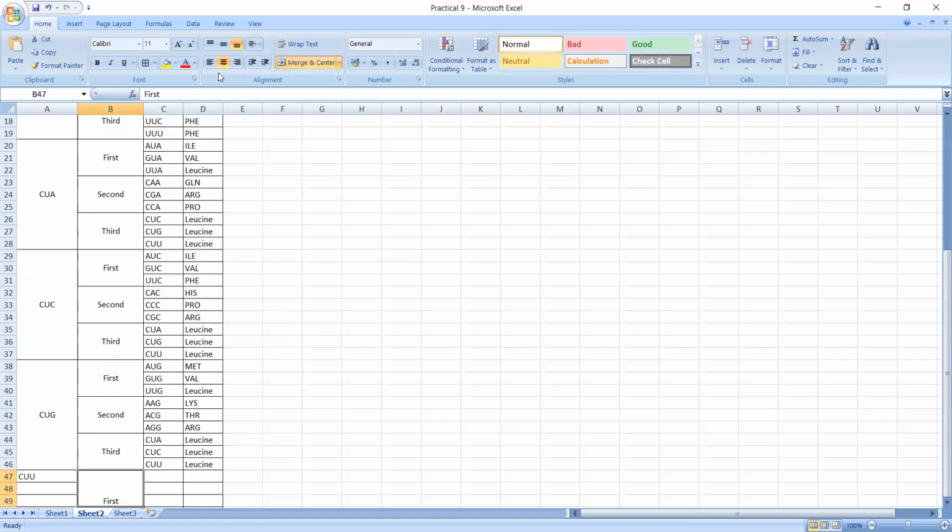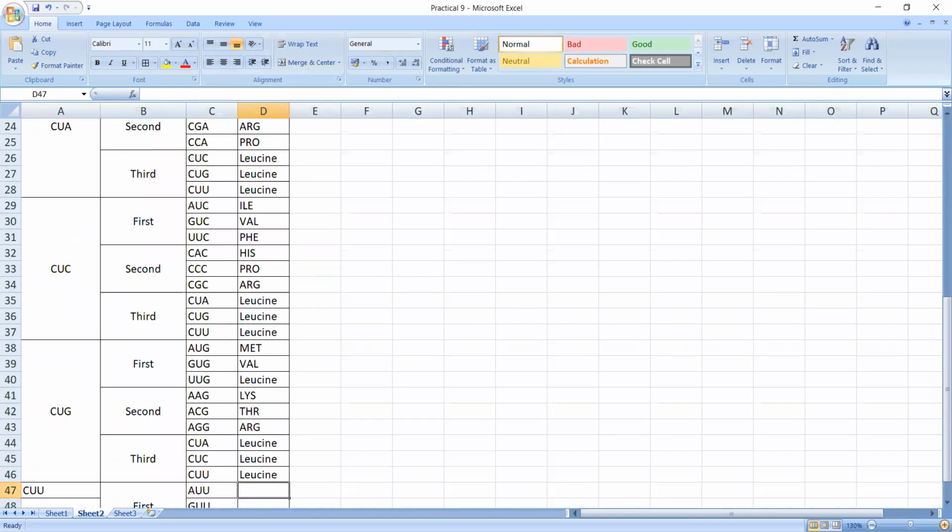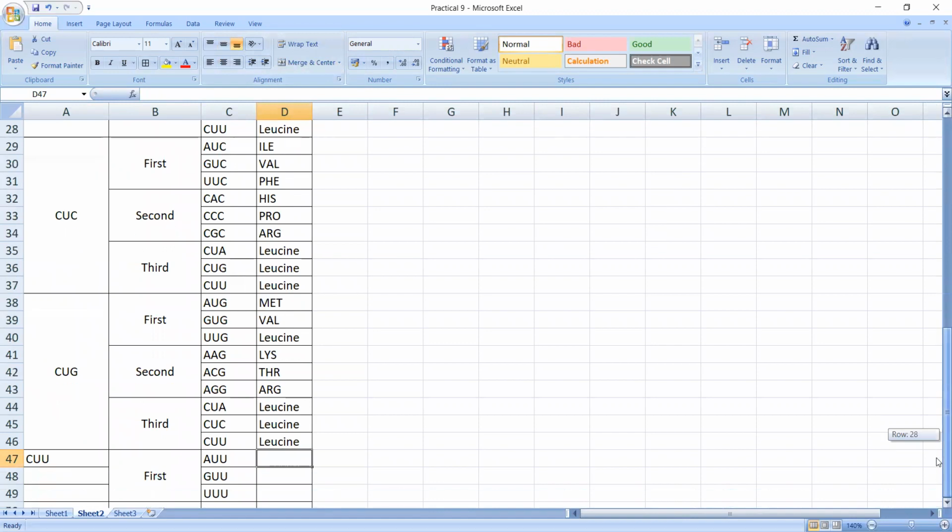CUU, first base. What is the first base of CUU? It's a C. So it will be AUU, GUU, and UUU. Chalo, what is AUU? I will just zoom it so that it will be very much visible for you.